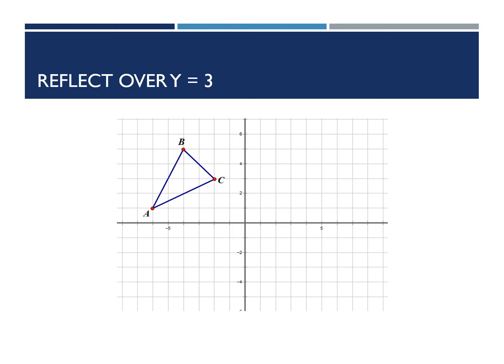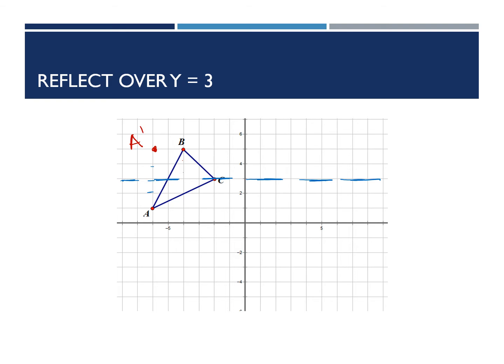I can also reflect over lines like y equals 3. When you did this in 6th grade with Mrs. Hogan, you only did reflections over the x and y axes. Now I'm going to reflect over the line y equals 3. So there's my line. A is 2 units below the line, so I'm going to go 2 units above, and there's A prime.